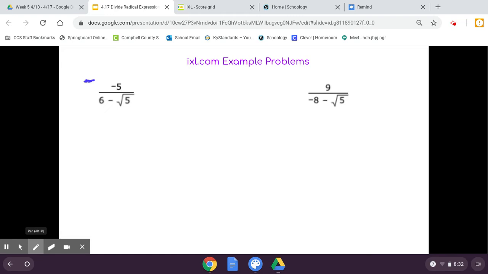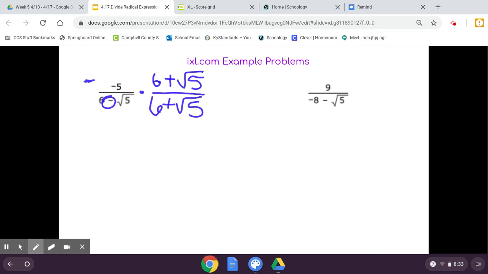So we're going to do times 6 plus. I realize this is a minus right here. But when we're rationalizing, you have to change it to the opposite. So times 6 plus the square root of 5 over 6 plus the square root of 5.